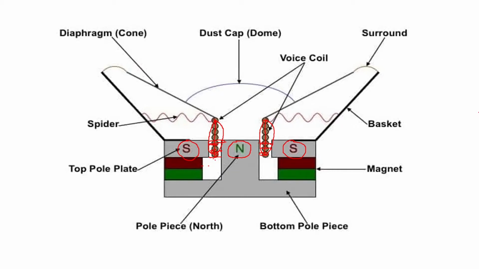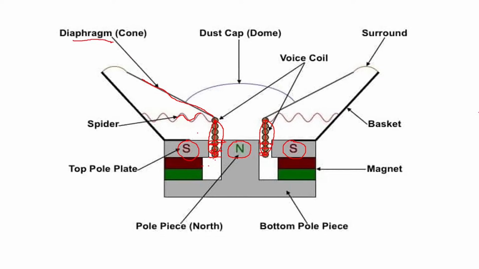The coil, with a small attachment called a spider, is connected to this cone. This cone is nothing but the diaphragm.